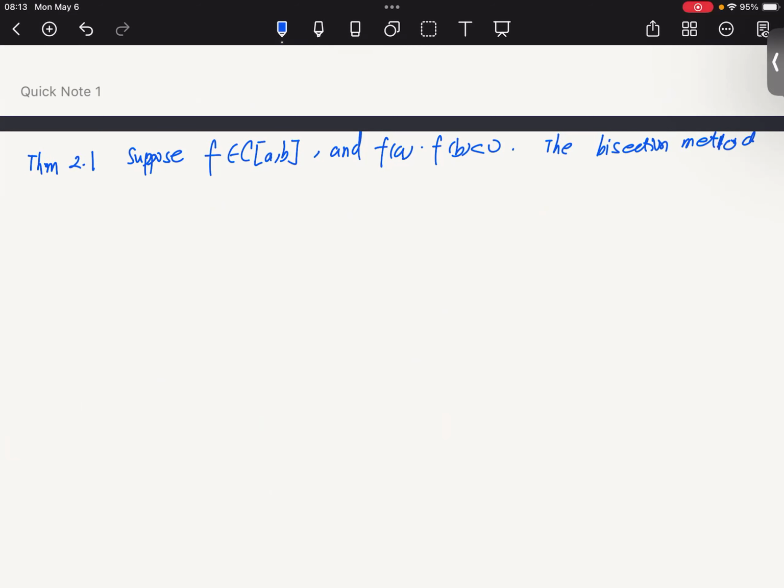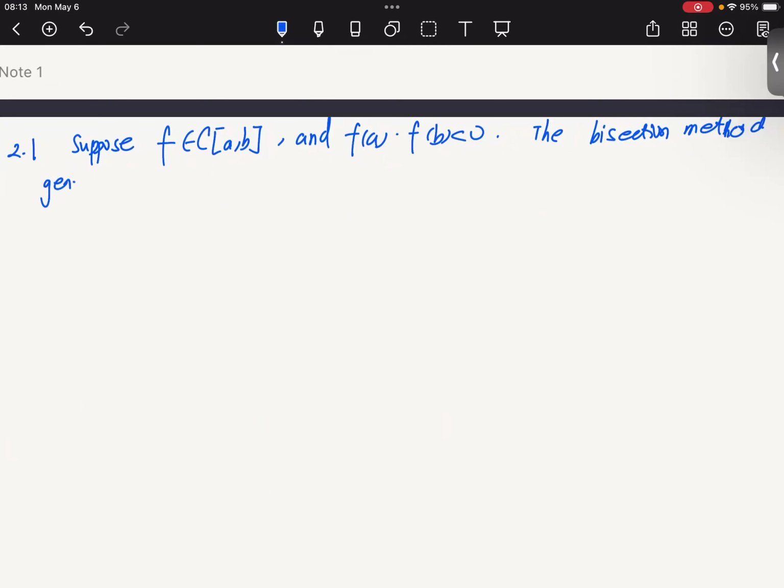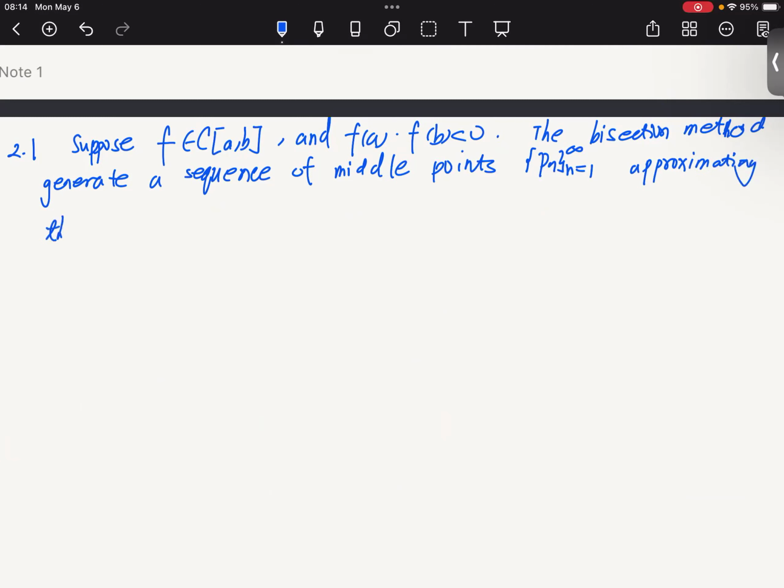The bisection method generates a sequence of middle points, and we use p_n, n equals 1 to infinity, to denote them, and it approximates a zero, or a root p, of the f function.